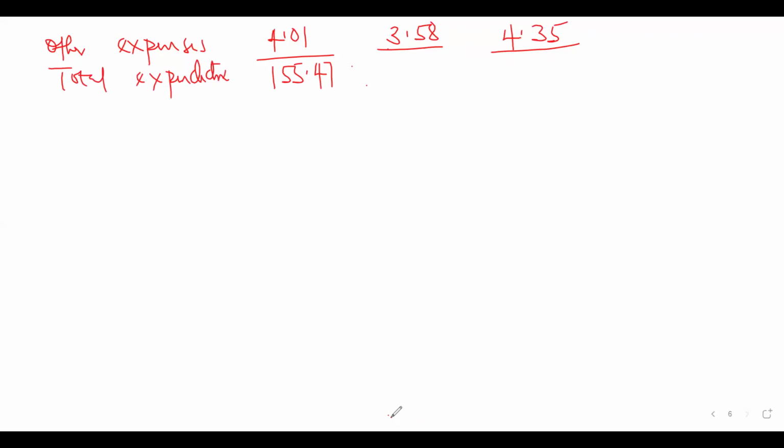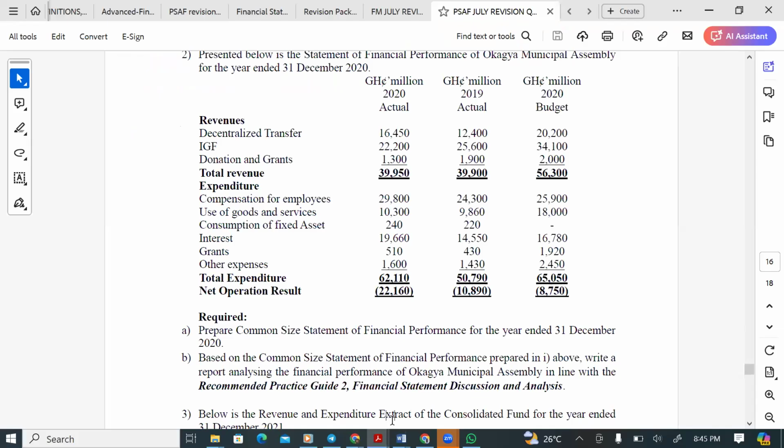Okay. So our net operation result will be negative 55.47. Budgeted 115.54.